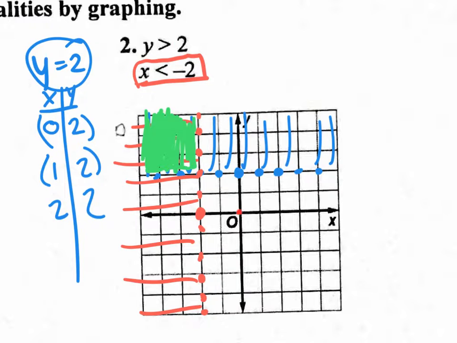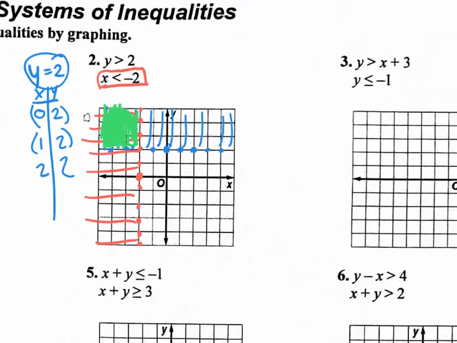If you pick the coordinate like 0, 5 or 0, 4, that'll work only for the blue equation, which is the top one. But if you pick anyone in this really dark shaded area, it'll work for both. So we're trying to find the answer to the system of inequality that works for both. That's why we shade in the overlap piece. That's what matters. Let's go to the next even question, number 4.